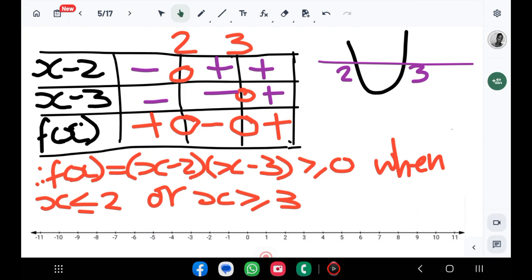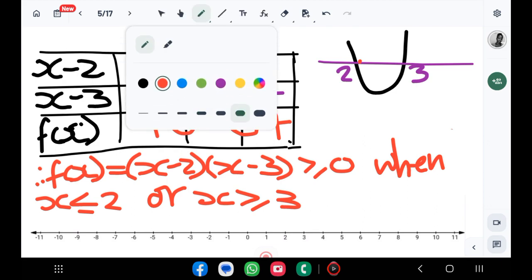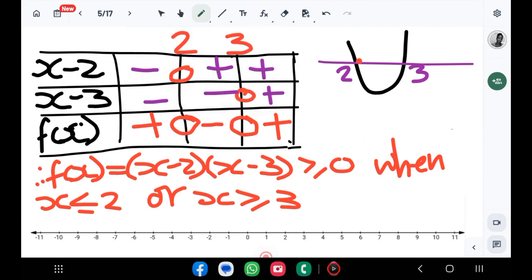Now, if you wanted to solve this graphically, this is what would happen. Where is this 0? It's 0 at 2 and 3, because those are your roots of the normal equation, if you were to solve it like a normal equation. So it's 0 here at 2 and 3.